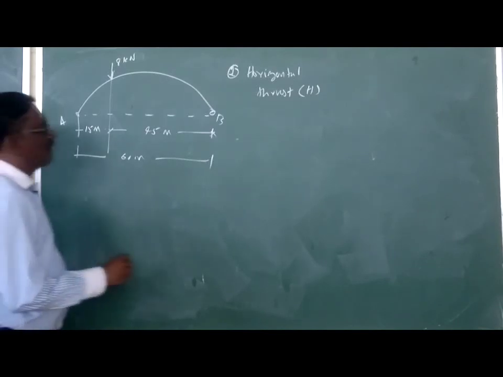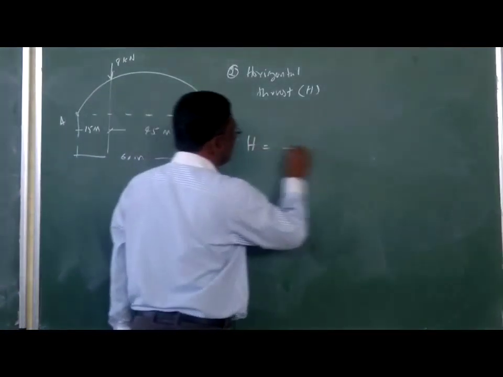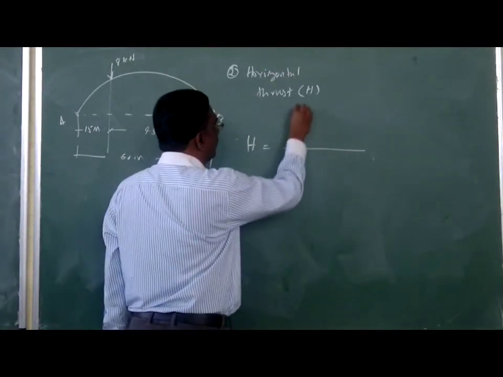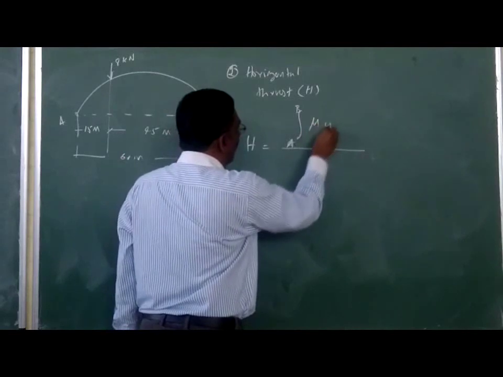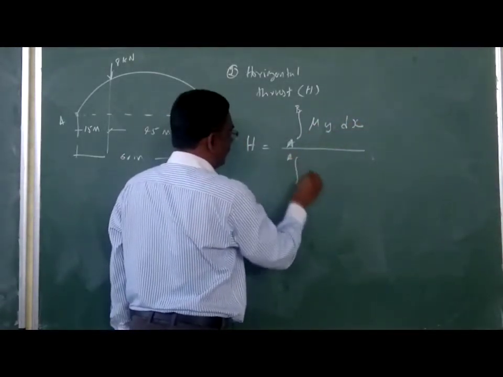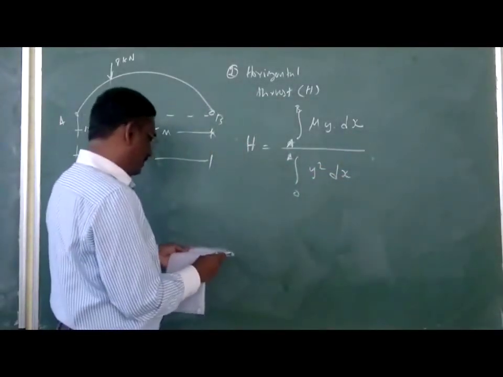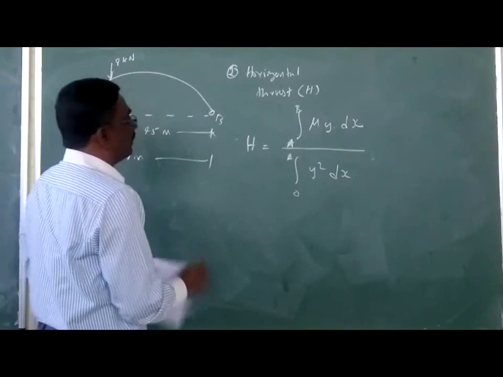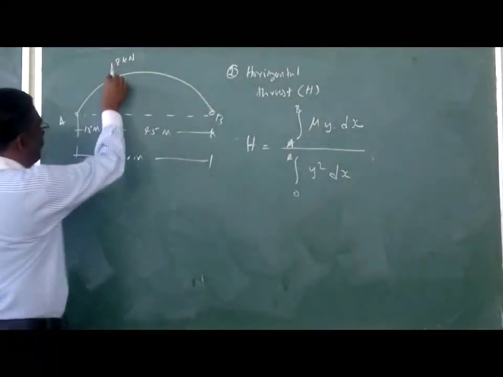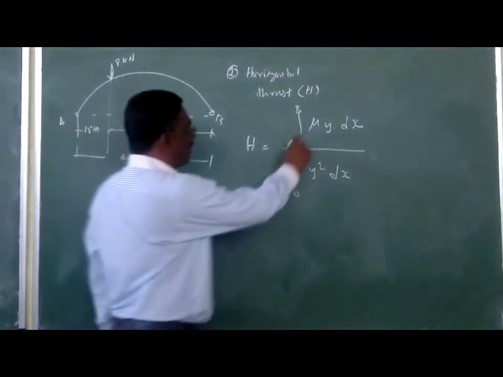From the earlier derivation, we found that the horizontal thrust is given by integral A to B of Mu y dx divided by integral A to B of y square dx. Here we have got one load point, so in the numerator we have got Mu y.